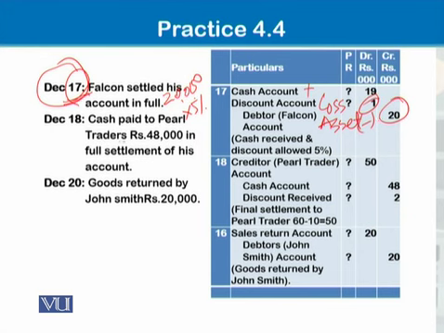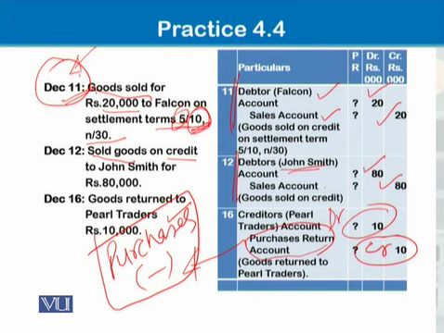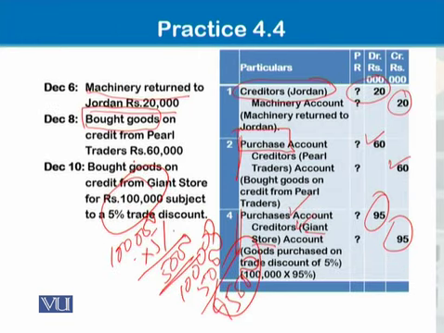Now, cash paid to Pearl Trader rupees 48,000 in full settlement of his account. Let's go back. Pearl Trader. Where is Pearl Trader? Yes, we in fact purchased goods from Pearl Trader for 60,000. 60,000 was our liability.